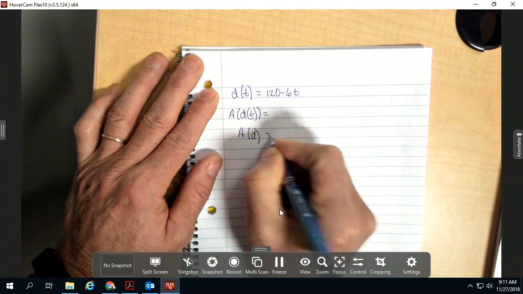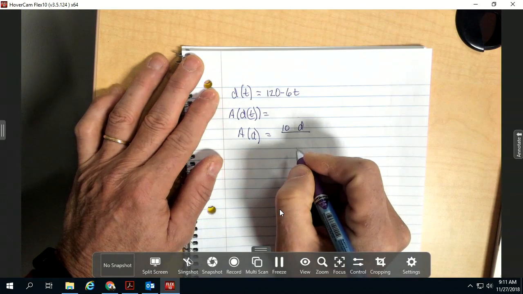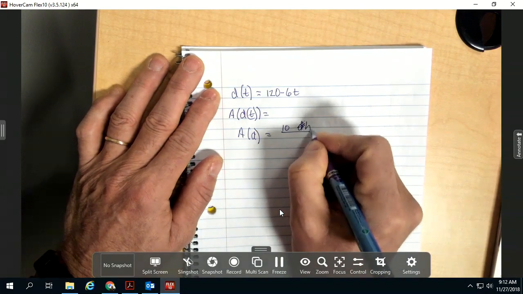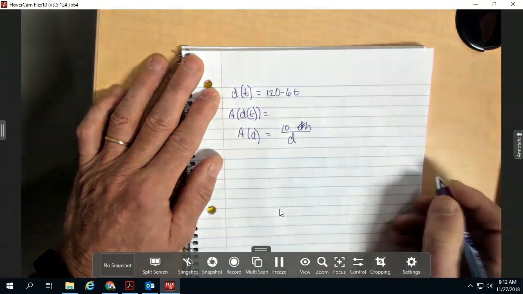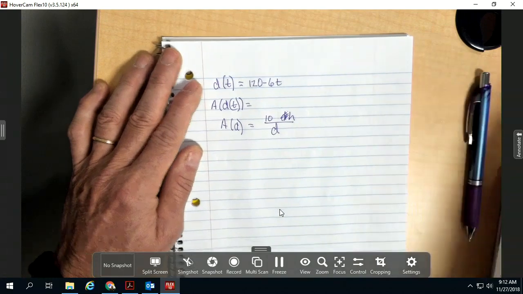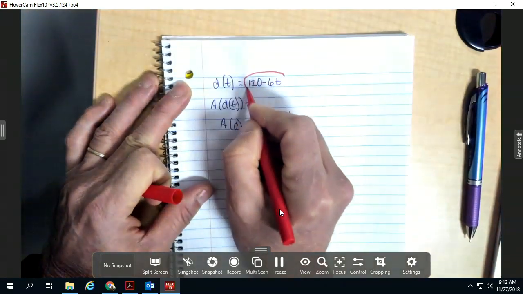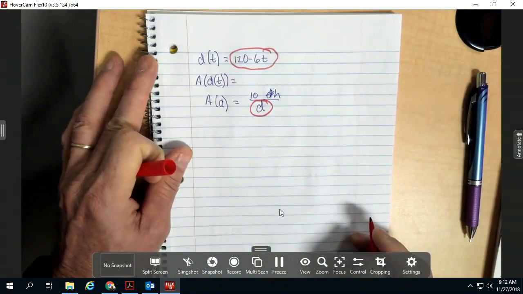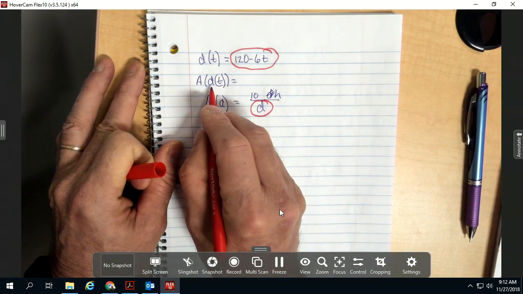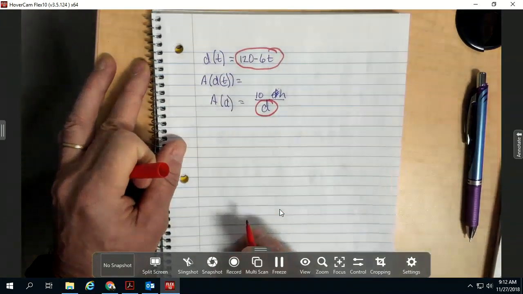A of d is 10 times the height, right? Divided by the distance. So wherever we see distance, we can substitute this in instead. Rewrite this formula so that you have A as a function of d of t.